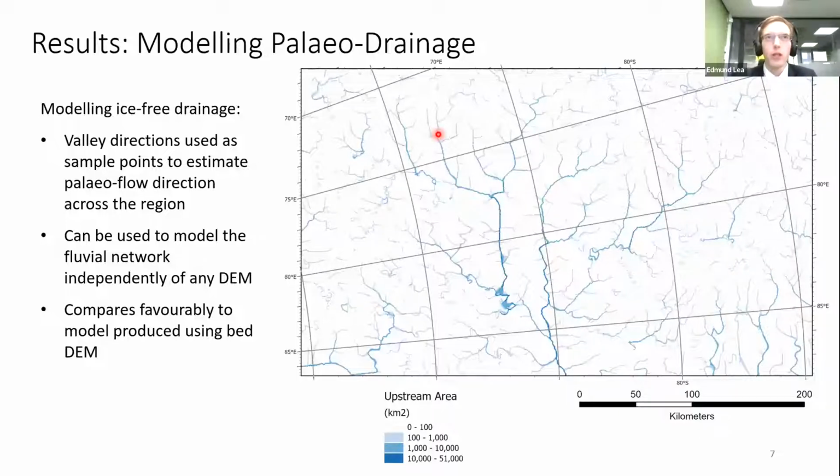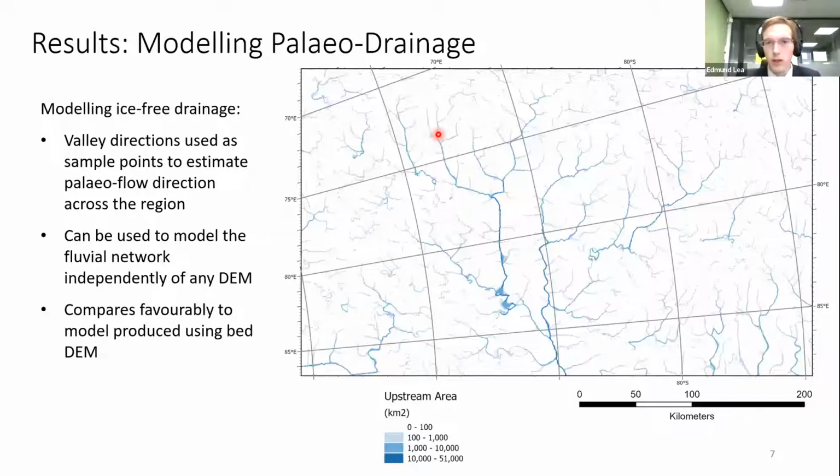If we take our valley lines and use the direction of those lines as an indication of paleo flow when those valleys were formed, as we assume this is a fluvial landscape, we can take those points and interpolate across the whole region what we think the flow direction might have been, and then use that result to begin to model the properties of the flow of the drainage independently of any bed digital elevation model.